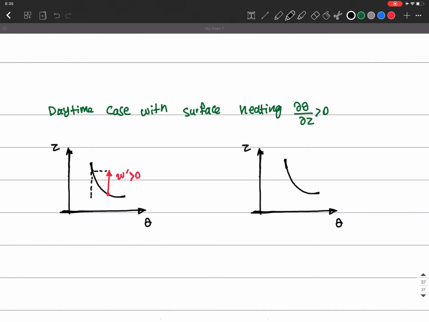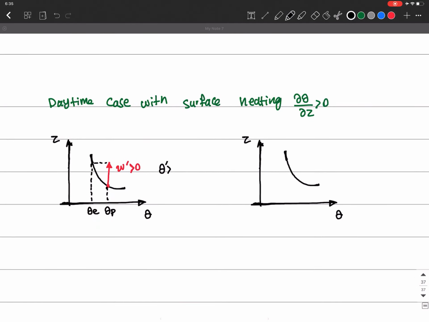How about the temperature, the theta prime? You see it's theta P and theta E. So we have a warmer parcel in a colder environment. So theta prime is going to be theta P minus theta E, which is positive.